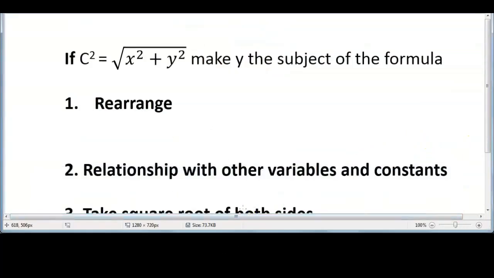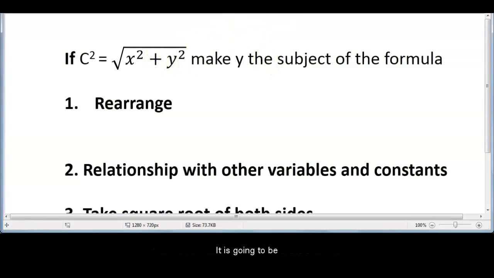Next question. If c square equals the square root of x square plus y square, make y the subject of the formula. Rearrange. Now bring the square root of x square plus y square to the left hand side of the equation.